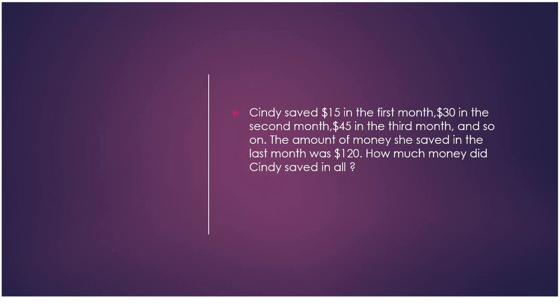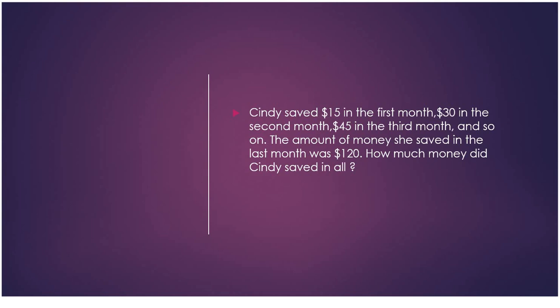And this continued till the last month, when she saved $120. So we start with 15 and finish with 120. So we know the first number of our number sequence is $15, and the last number is $120. So we have to go from 15 to 120.